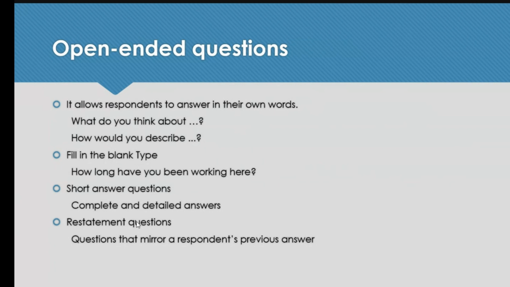That's restatement. Here I'm giving a statement and asking, is that statement right? You said something. Is that correct or is that wrong? Here we are giving an option to the respondents, so they can clarify and correct their statement, and come up with the correct response.